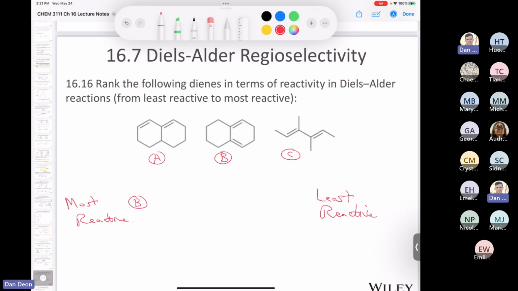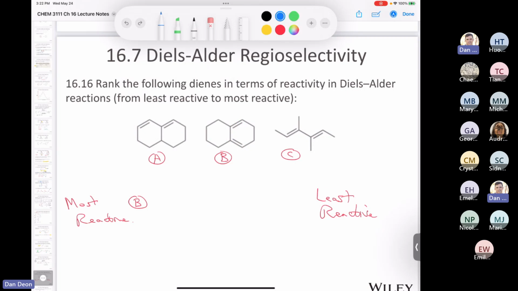Can I ask you a different question? Is there any one here that won't react? Would just be so unreactive, it's just, no, not going to happen? No, not C. Okay, so let's hold on, let's review. The reason B is so reactive is because the diene is locked in the S-cis conformation.